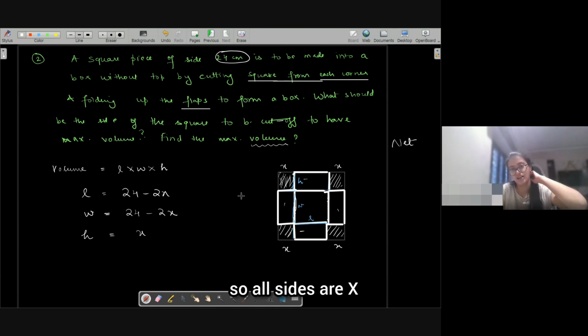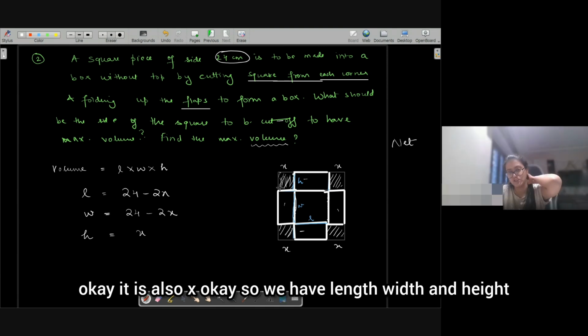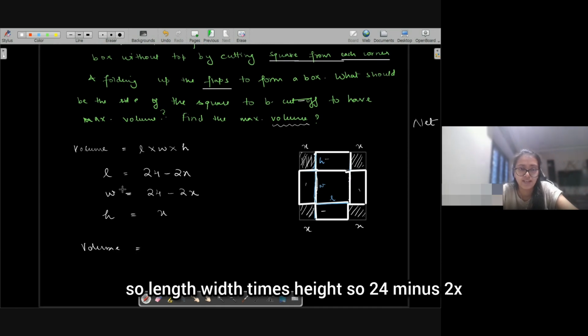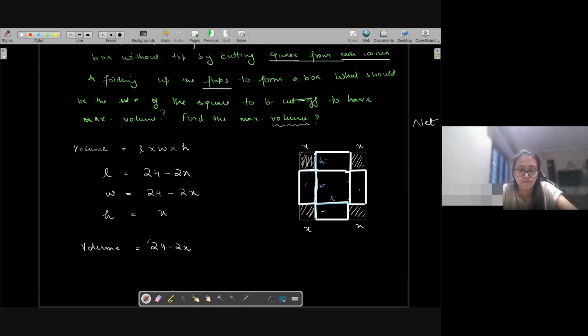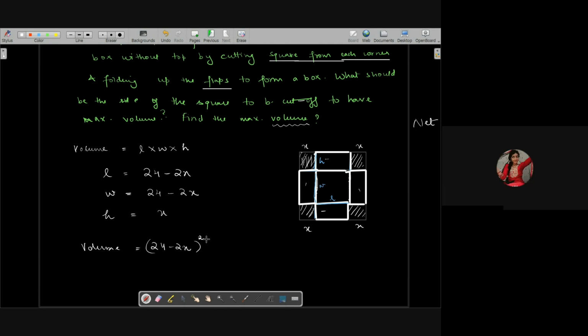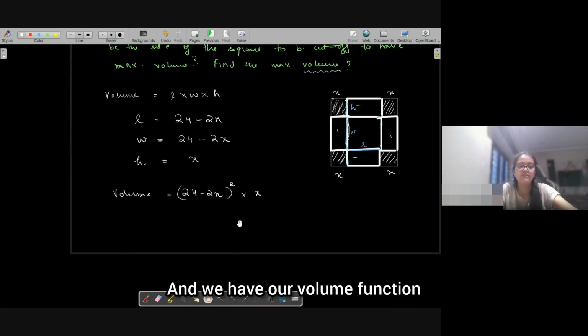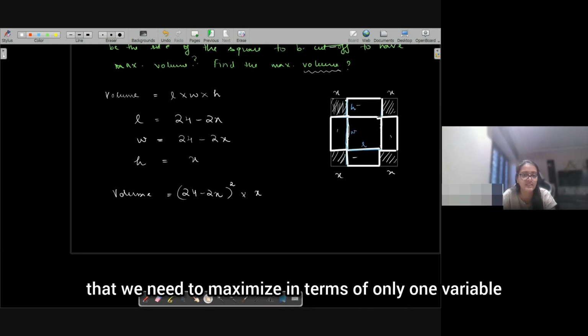So we have length, width, and height, and our volume function: 24 minus 2x, squared, times the height x. This is the function we need to maximize in terms of only one variable.